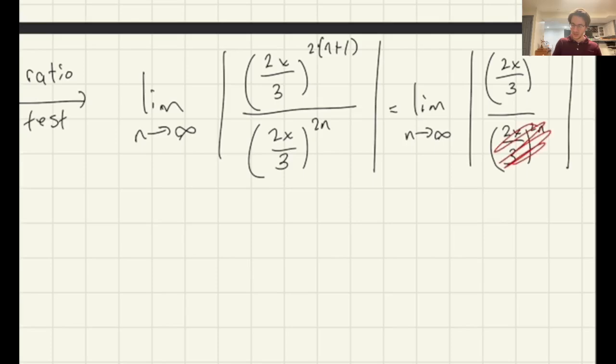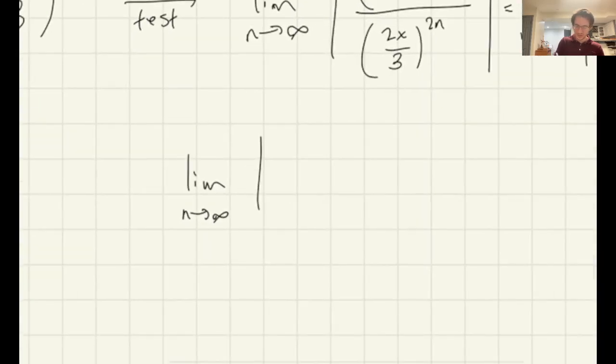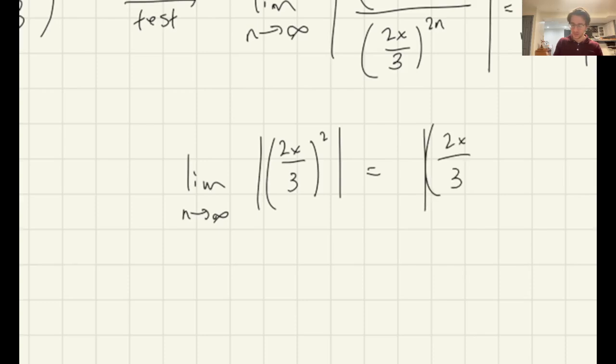All of these cancel with most of these, and so this leaves me with the limit as n goes to infinity of absolute value of 2x over 3 squared, which has no n's in it. And so this is just the absolute value of 2x over 3 squared.